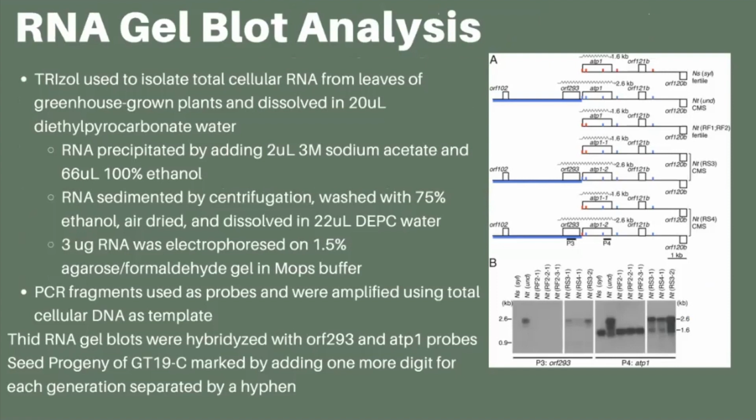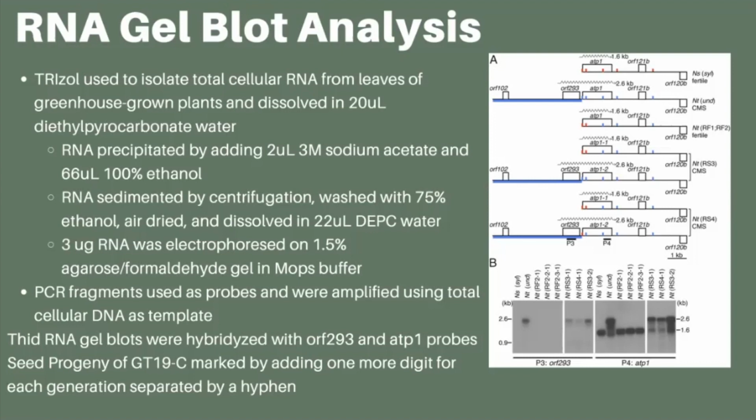So RNA gel blot analysis used for this specific study used Trizol, which isolated the total cellular RNA from leaves of the greenhouse grown plants and dissolved in 20 microliters of DEPC water. RNA was precipitated by adding 2 microliters of 3 molar sodium acetate and 66 microliters of 100% ethanol.